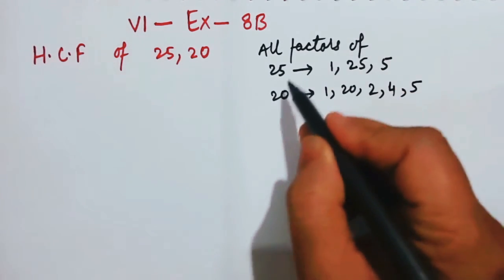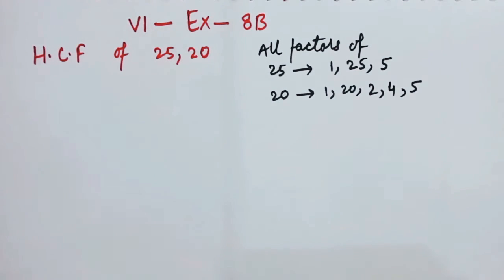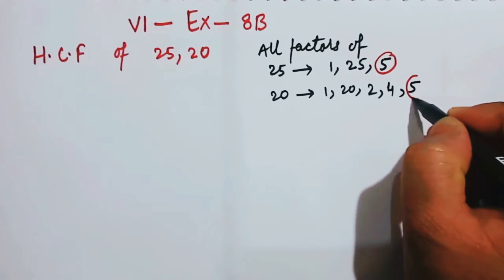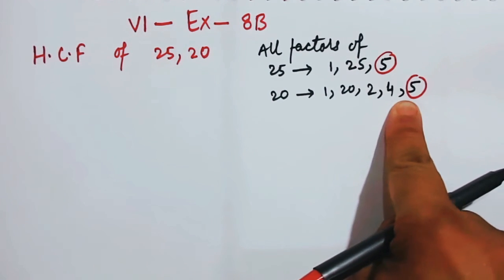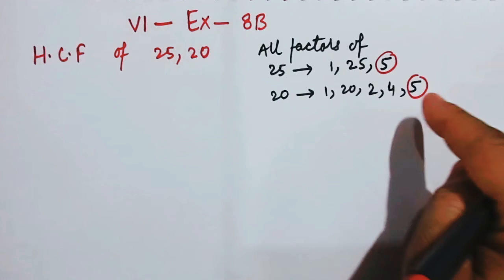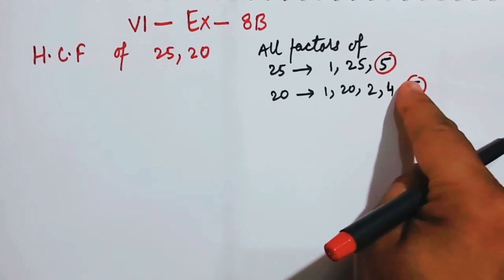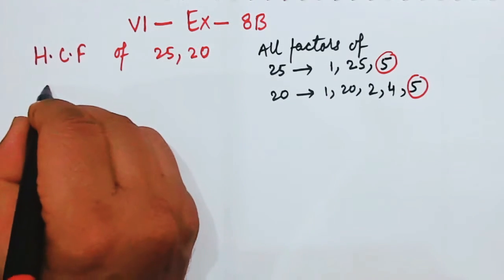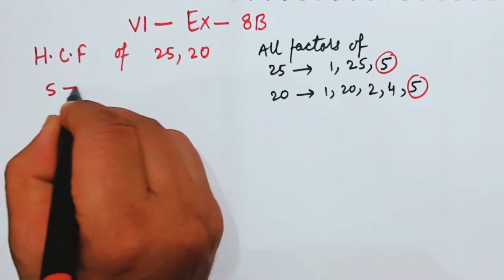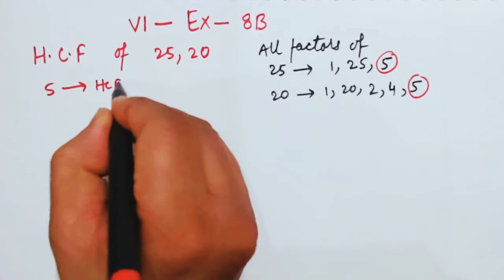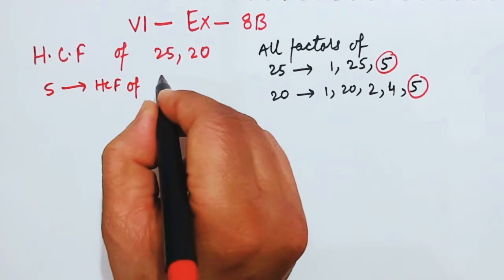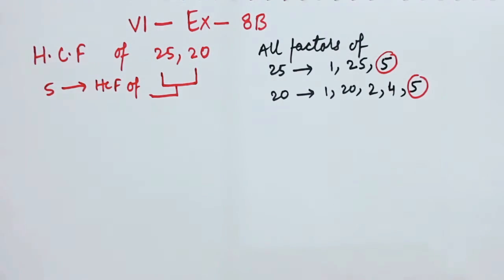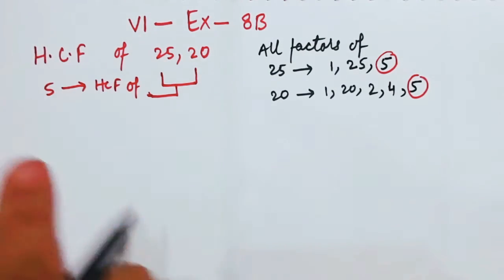Which numbers are common factors? These are common factors. Therefore, we say that 5 is the HCF of 25 and 20.